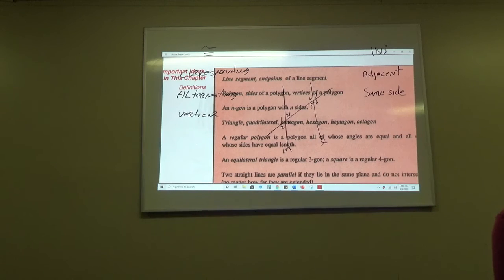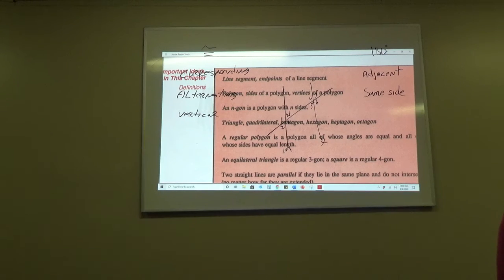Remember in our vertical angles? A vertex is a point. The vertices of the polygon are where two sides come together. So if you had a square, how many vertices do you have? 4. And if you have a triangle, you have 3. So you have 3 sides and 3 vertices, 4 sides and 4 vertices.